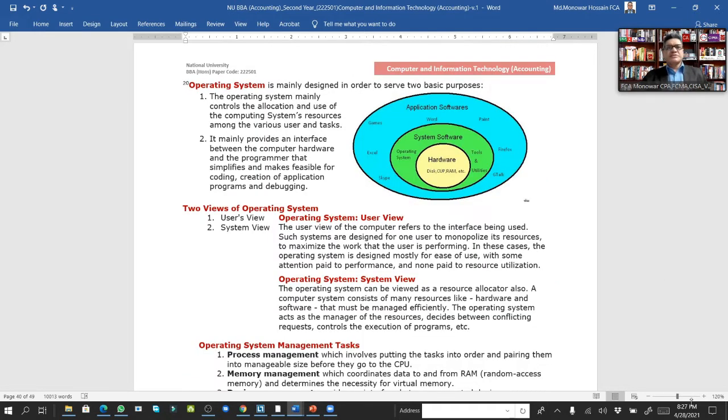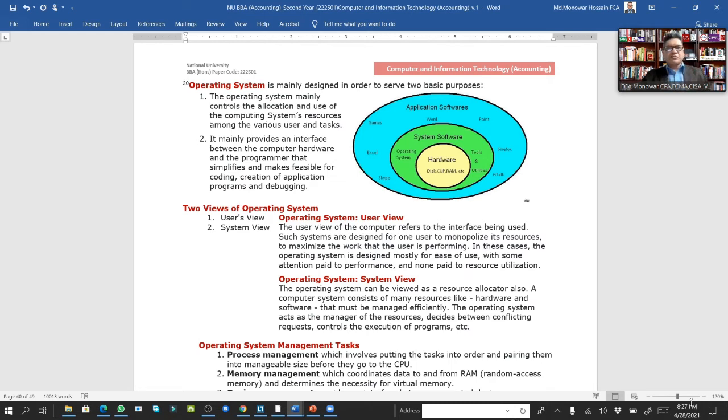Operating system is mainly designed in order to serve two basic purposes. One is that the operating system mainly controls the allocation and use of the computer system's resources among the various users and tasks.